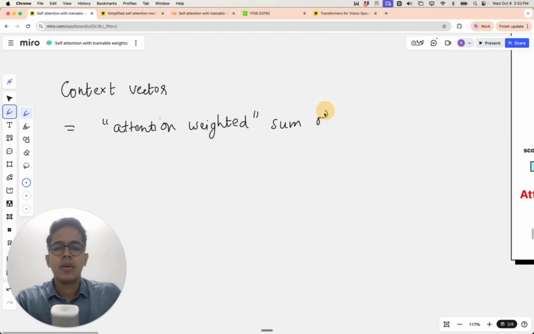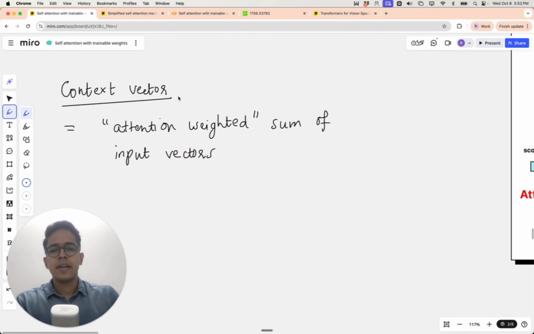So if we were considering the context vector corresponding to one particular query, we looked at all the attention weights between that input query and all the keys.